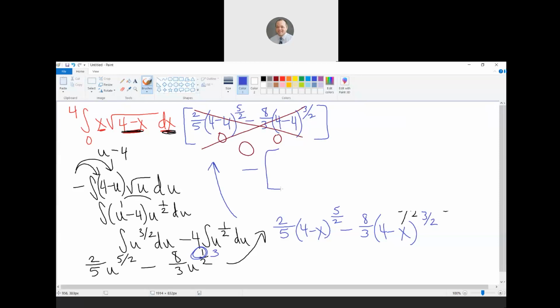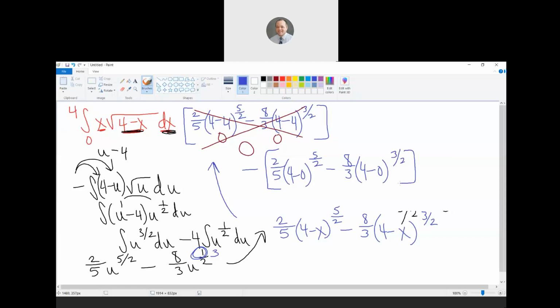Minus, let's plug in 0 second time around. So we have 2 over 5 times 4 minus 0 to the 5 halves power minus 8/3 times 4 minus 0 to the 3 halves power.